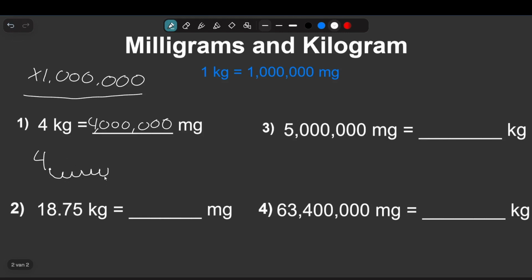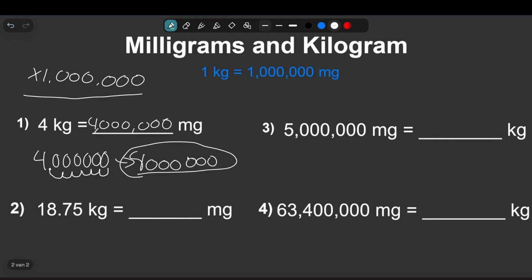Now, as you can see, you have empty spaces which you can fill in with zeros. 1, 2, 3, 4, 5, and 6. So now we can rewrite this number without the decimal right here. So 4, and then just put all the zeros you have, and you will get to your final answer by just moving the decimal to the right 6 times.